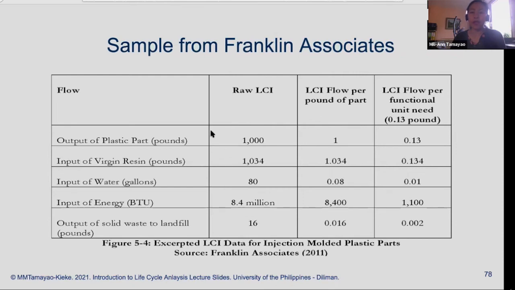Then this data has to be translated in terms of that amount. So one output of plastic part is 0.13 pound in this example. Because of that, you have to multiply these values by 0.13.